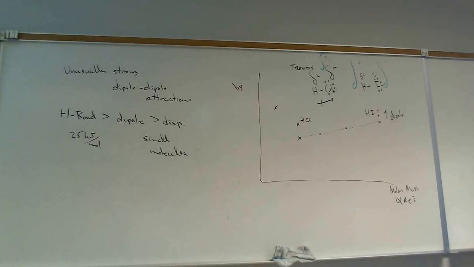This gives the open structure to water. In ice you want to maximize the hydrogen bonding interaction, so ice is a very open structure, whereas liquid water is a little bit more random. And so liquid water is actually more dense; it has less empty space than solid water.